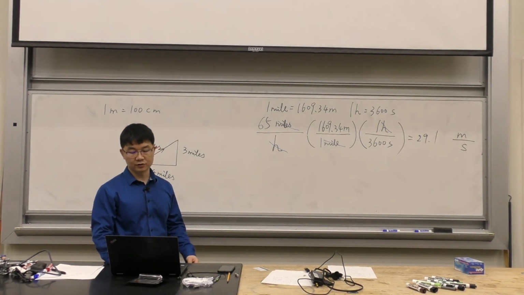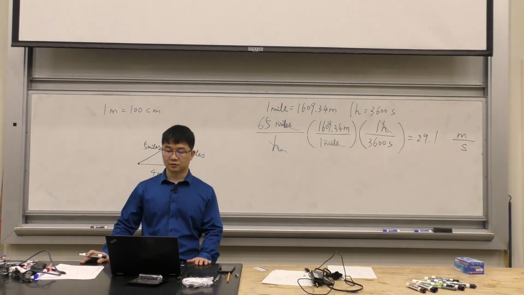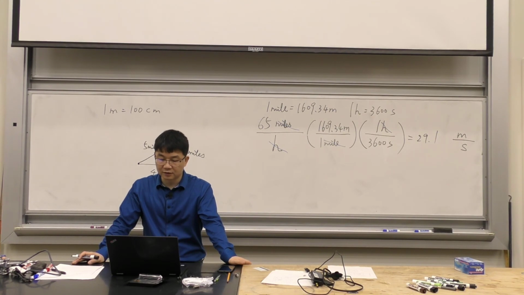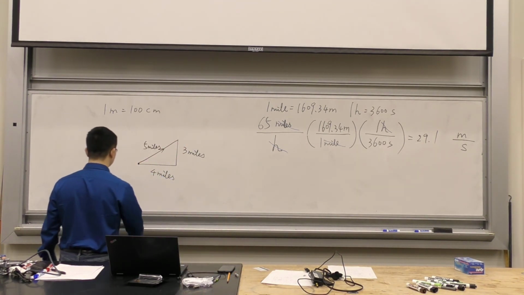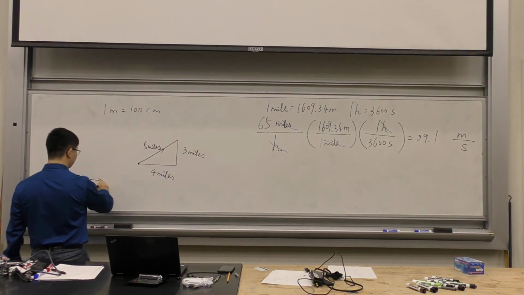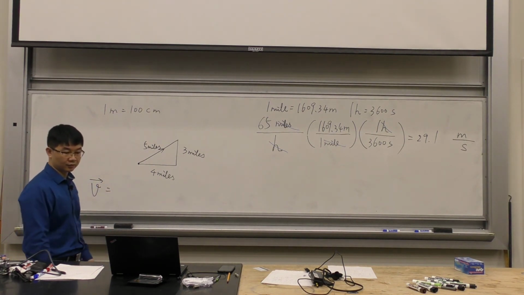As I said, the reason we define displacement is because it's useful. Because velocity in physics is defined as displacement divided by time, not distance divided by time. And because displacement is a vector, the velocity you define using the displacement is going to be a vector.